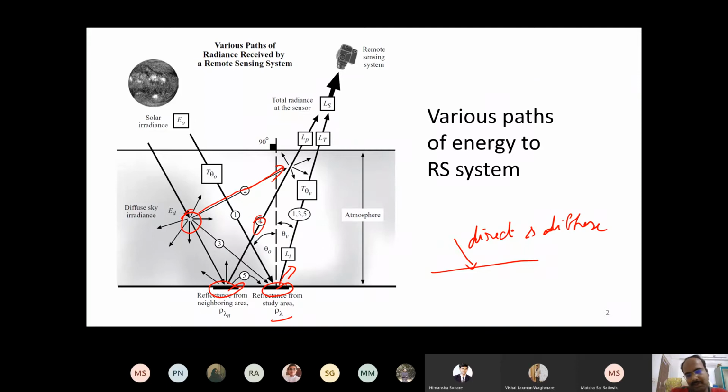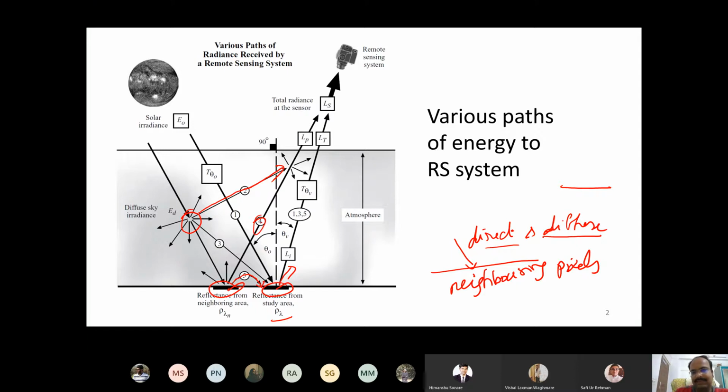And the least among all these is the energy from this neighboring pixel being reflected, falling on the object of our interest, and then going back to the sensor. So the object of our interest can receive energy not only from direct and diffuse sunlight components, but also from reflection from neighboring pixels. This can also happen.